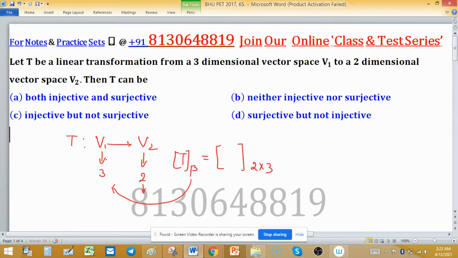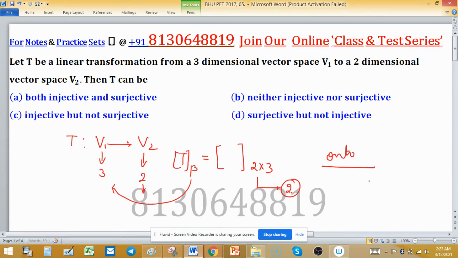This is in general three-dimensional. So consider this is a basis and this is a matrix representation. For onto, this matrix must have a pivot element in each row. So the maximum number of pivot elements is 2, if they exist.